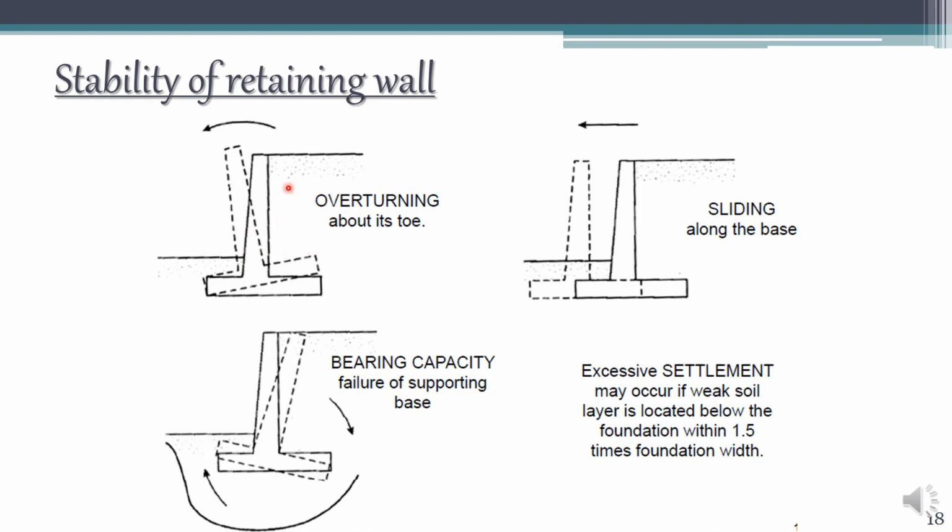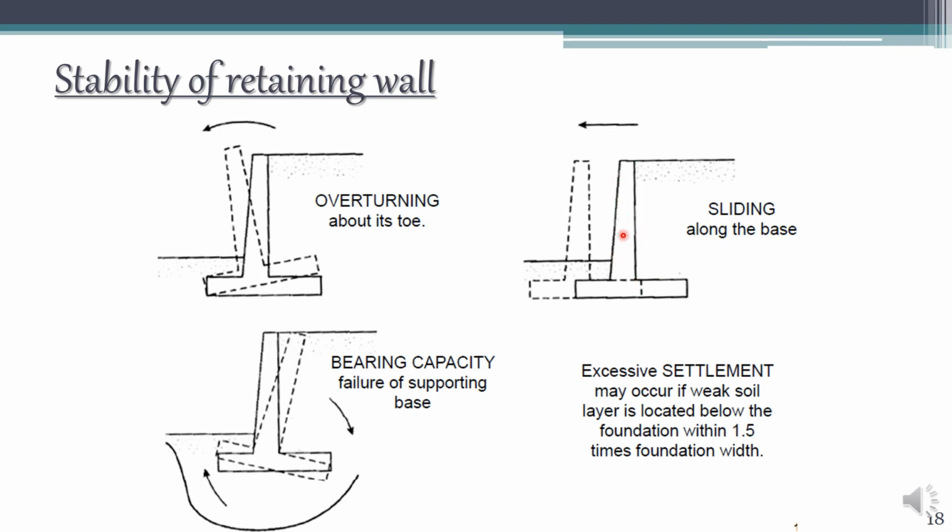Sliding failure: the sliding force is basically the horizontal earth pressure, and it is resisted by the friction at the base, which is the friction coefficient into the total weight of the structure, or normal thrust.